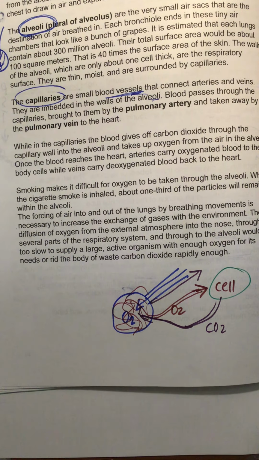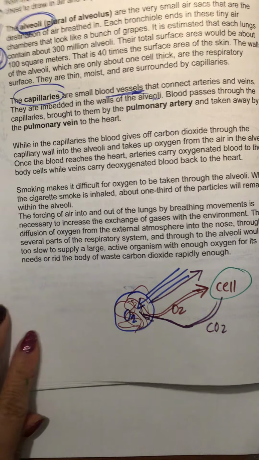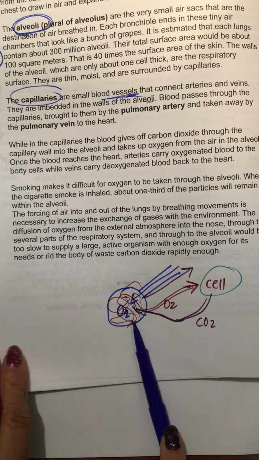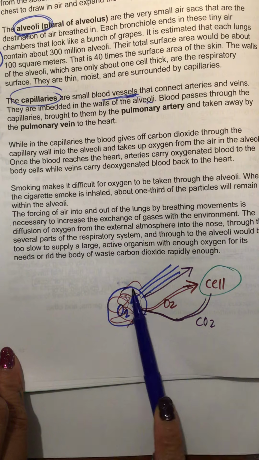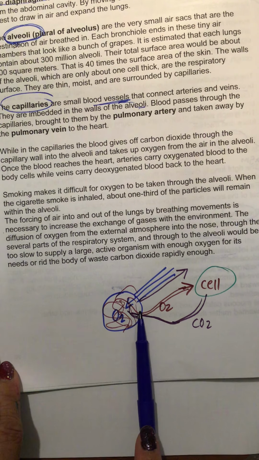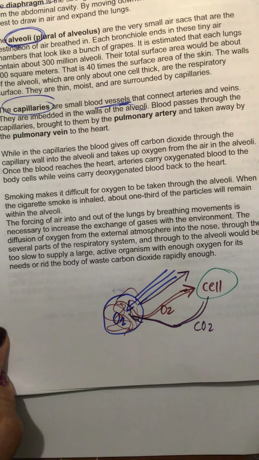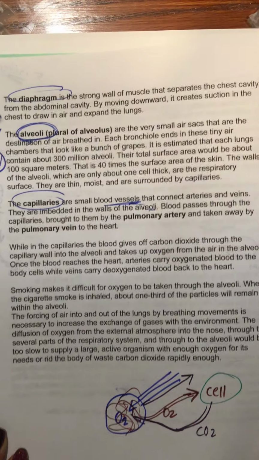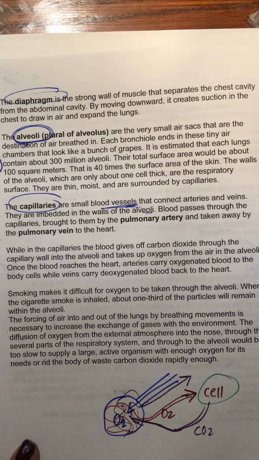That is done by the process of diffusion. Capillaries are very thin, and the alveoli are very thin as well, so they can just sit next to each other and the gas will diffuse in and out because it's one cell layer thick, very thin.